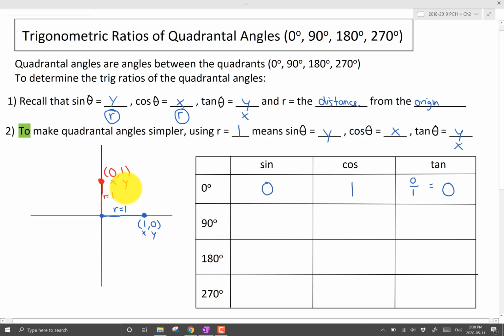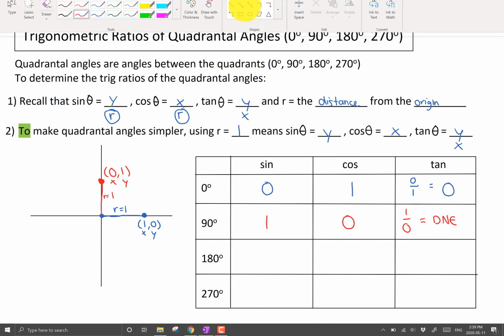Since sine is equal to the y-coordinate, it's equal to 1, cos is the x-coordinate, which is 0, and tan is y over x, which is 1 over 0. Anything divided by 0 does not exist, so you will get a divide by 0 error on your calculator if you try tan 90 and hit equals.